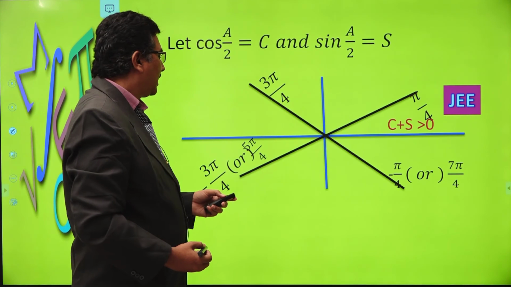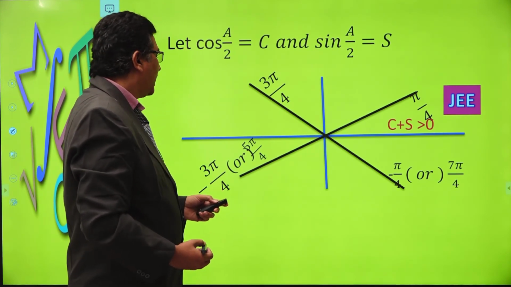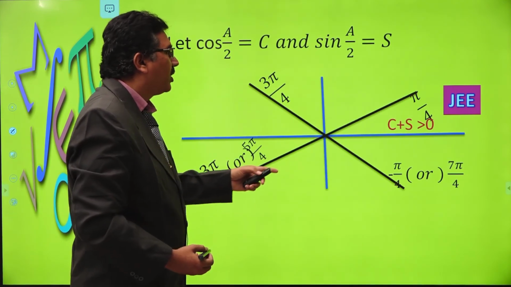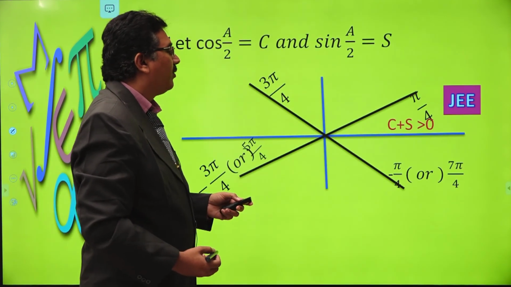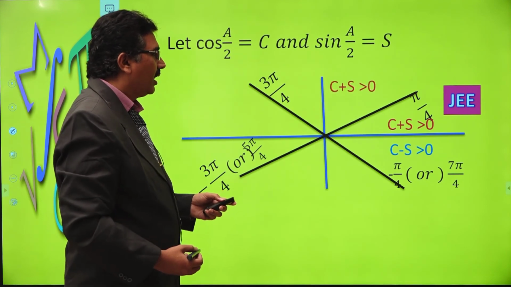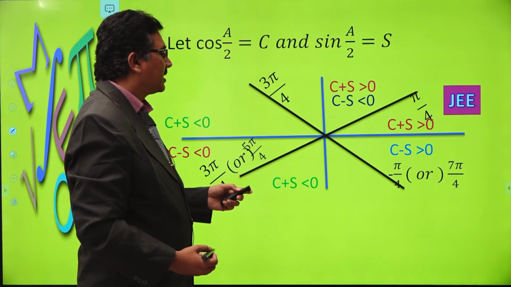Here c plus s is greater than 0 in the interval minus pi by 4 to 3 pi by 4. Right. Observe the regions.